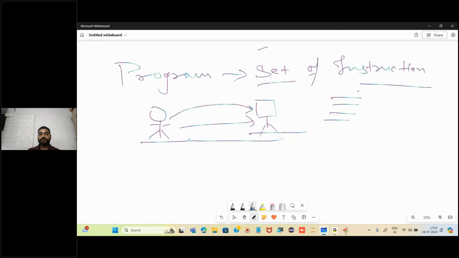So this is what a program is, nothing but a set of instructions, a set of orders to perform some particular tasks. Got it? This is about programming and program. Language is nothing but for communication. Program is nothing but to make some orders.